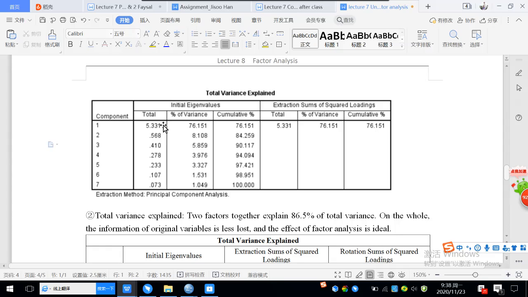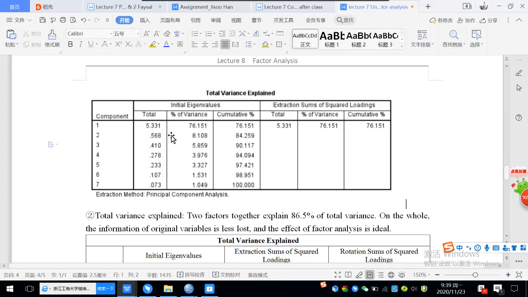It's more than 1. The second component is 0.568, which is less than 1. So this factor is not extracted, and the next ones are smaller.